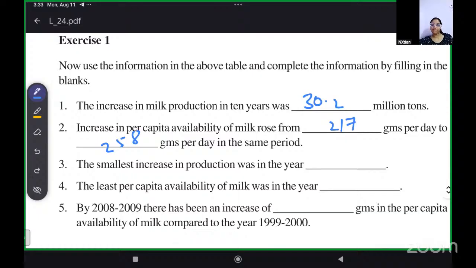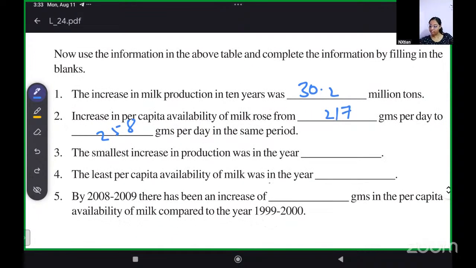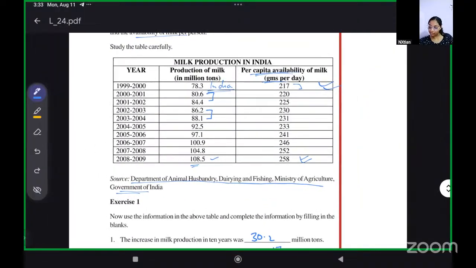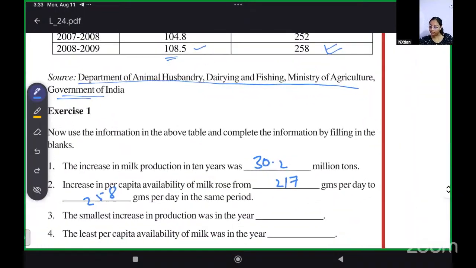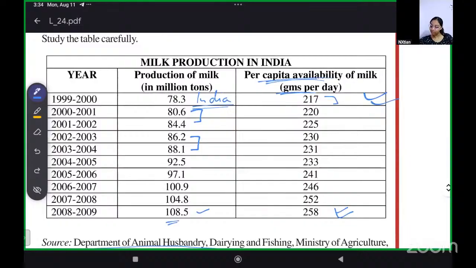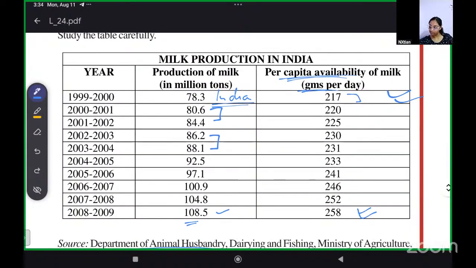So the smallest increase can be 2001 to 2002 or 2002 to 2003. The least per capita availability of milk was in the year 1999 to 2000.